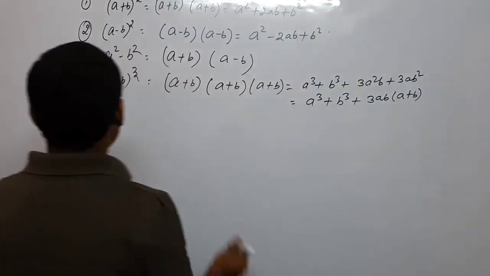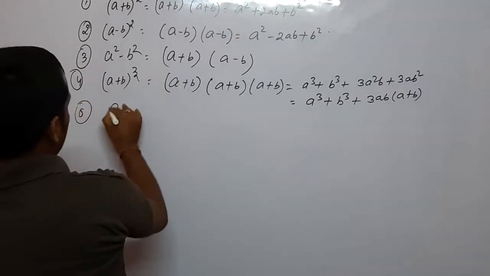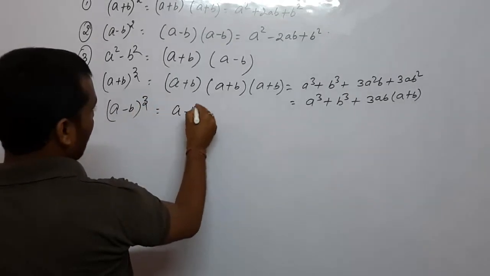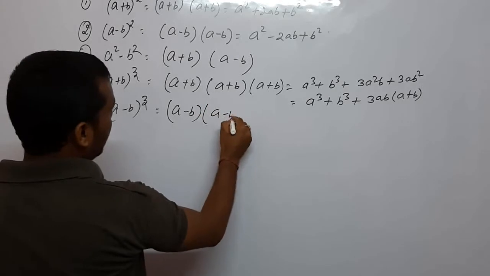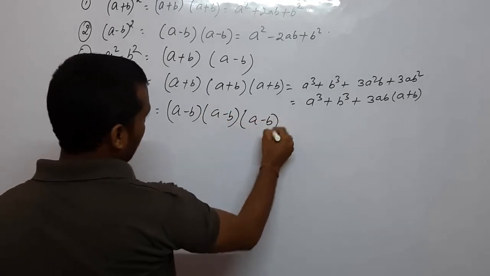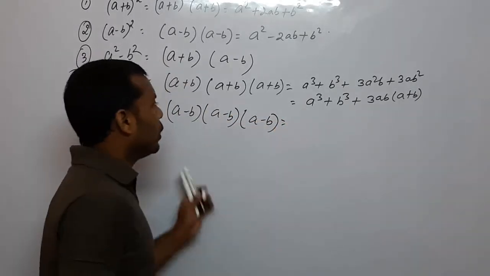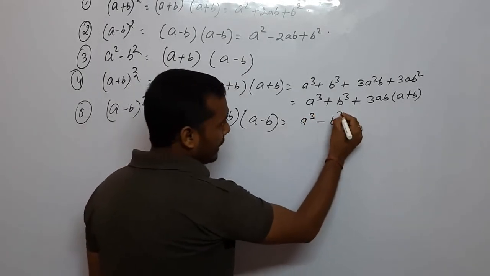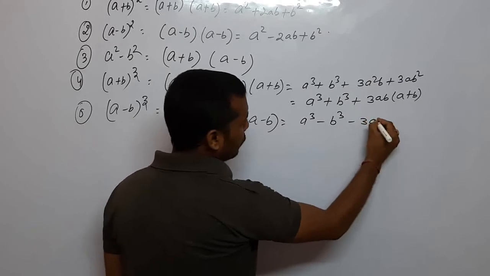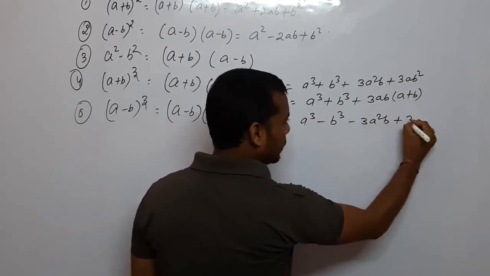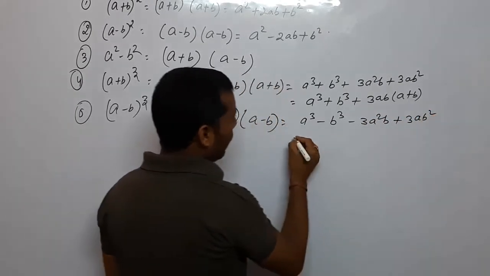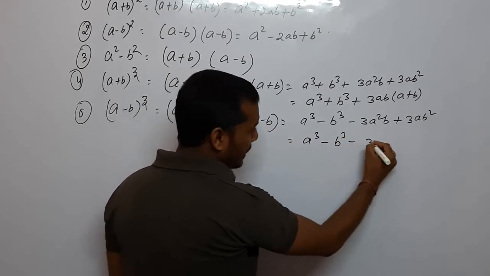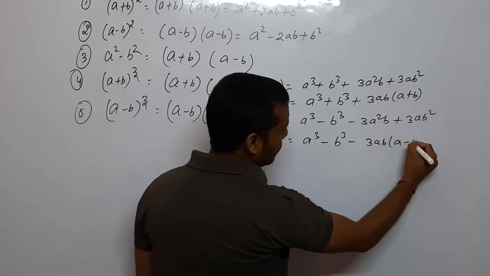Okay. Similarly, students, the fifth is a minus b to the whole cube. This can be written as a minus b multiplied 3 times: a minus b, a minus b, a minus b. Okay. So for this also we have a cube minus b cube minus 3a square b plus 3ab square. Or this can be written as a cube minus b cube minus 3ab into a minus b.